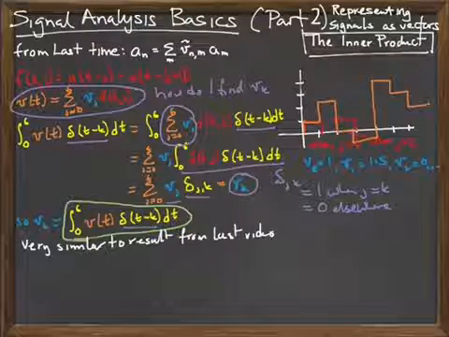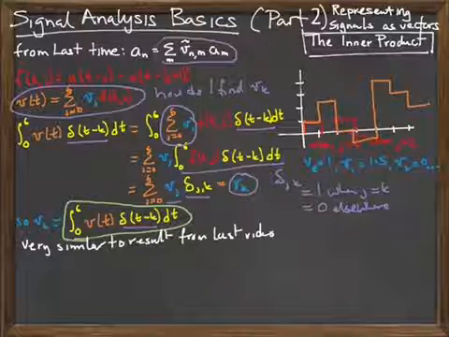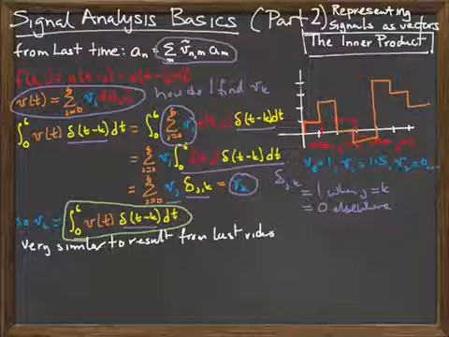So we need to multiply the original function and the basis function that we know. The original function's basis functions are v sub m, and the new basis function is v sub n. So that's what's shown up there. So it's very similar to what we did last time, except this time it's not vectors, but specifically functions that we're working with.